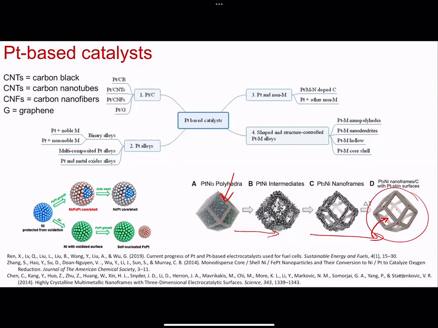What this doesn't show, and now we get to the processing segue, is that because this is done in solution, in order to keep all the nanoparticles from agglomerating... the smaller nanoparticles have very high surface energy, right? Let's say this is a 2 nanometer, 5 nanometer polyhedron in diameter.